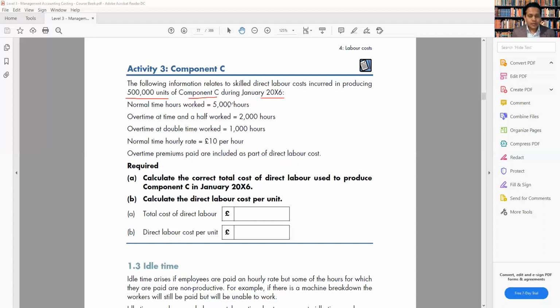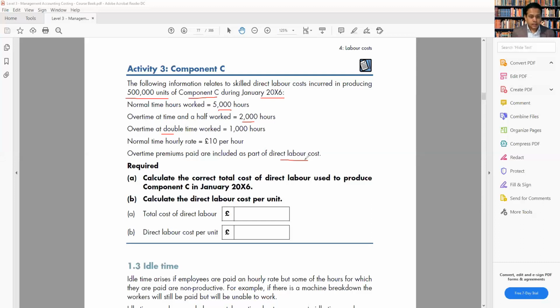Normal time worked 5,000 hours. Overtime 3,000 hours: the first 2,000 is time and a half, the next 1,000 is double. Normal time hourly rate is 10 per hour. Overtime premium paid is included as part of direct labor cost. So they are saying the overtime will be part of the direct cost, so we really don't have to separate how much it is. So we can get the calculation.